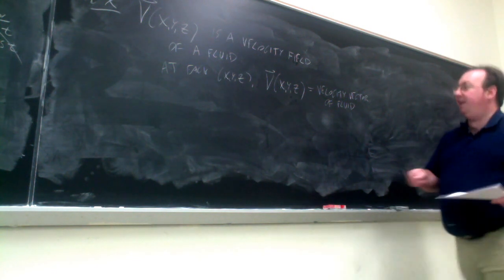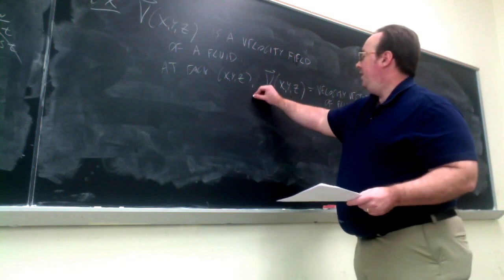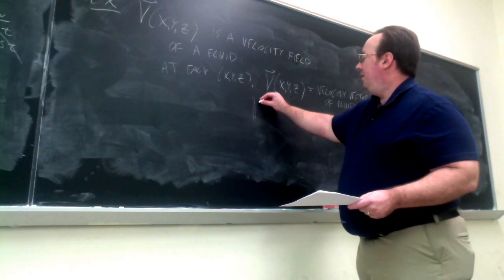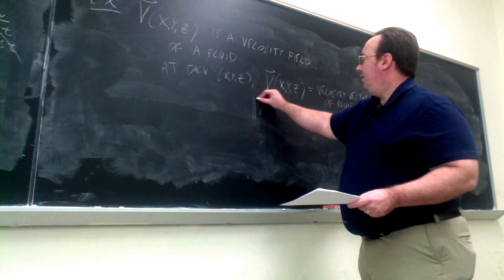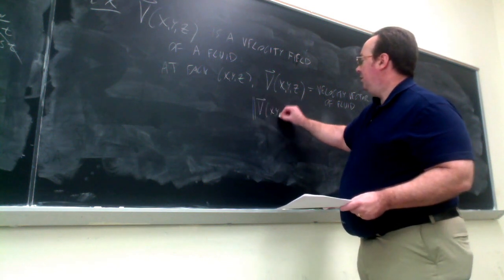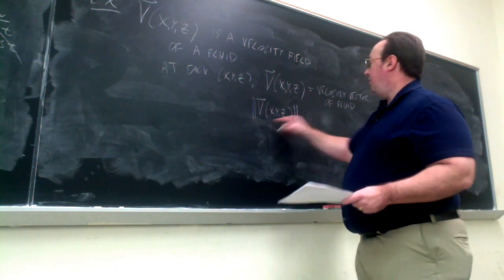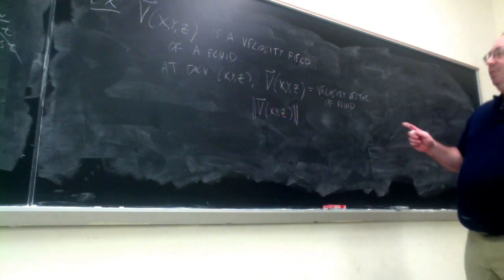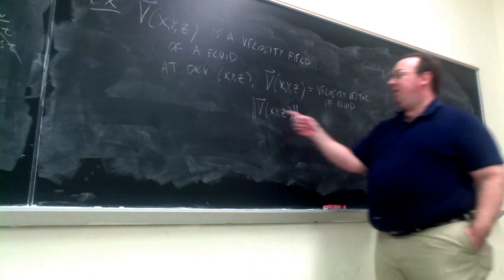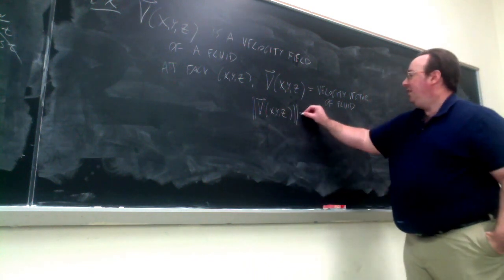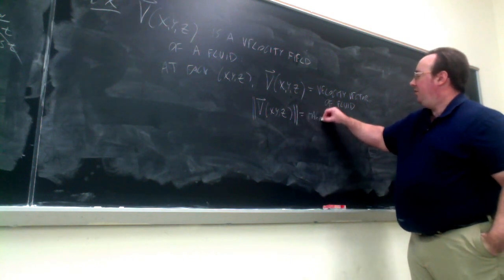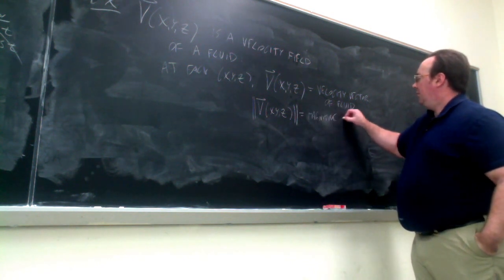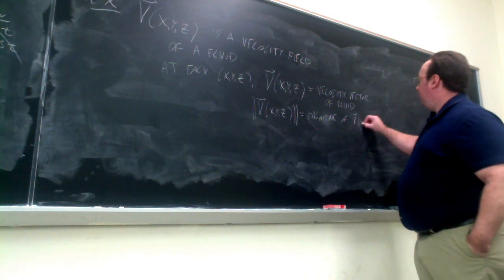Okay. Now, the magnitude, which I use double bars to indicate, although you might be more familiar with seeing just plain old absolute value used instead. So this is a magnitude of v of x, y, z.